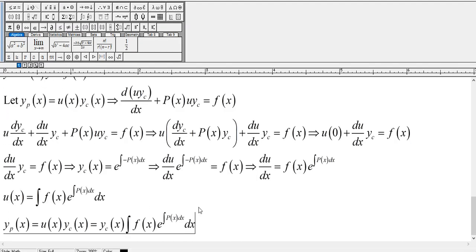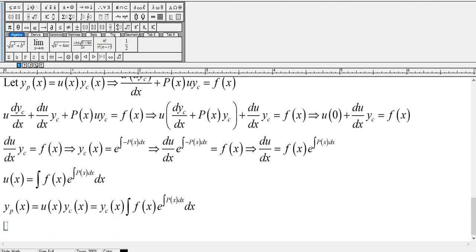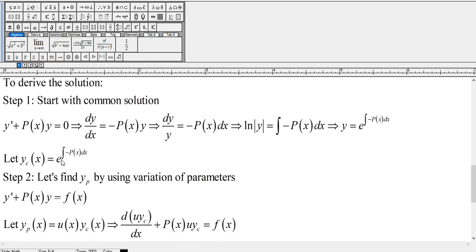Okay, I realize this looks awful, but you got to admit, I went and I found me a solution, right? So my general solution here, which equals my common plus my particular, so y common plus y particular is equal to, okay, my common solution is going to be a c, and then this thing, right?